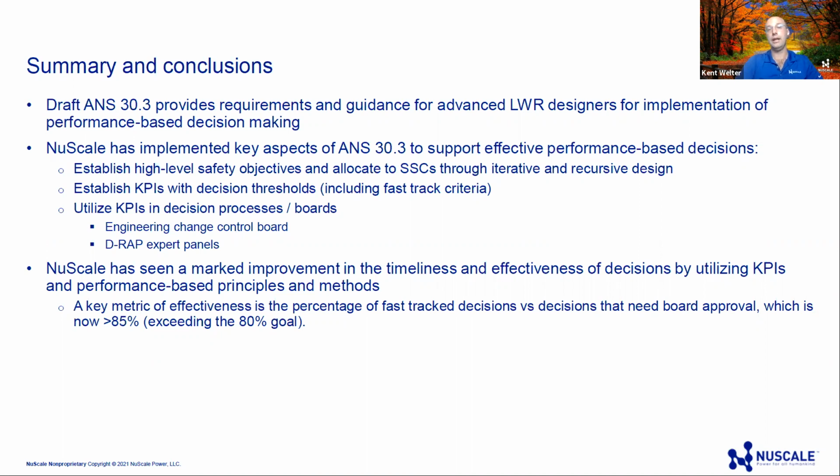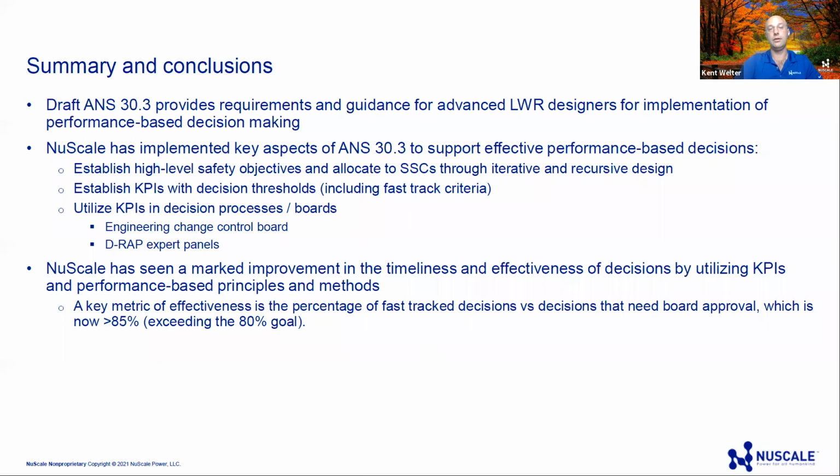And we utilize those KPIs in our various decision processes and our boards for reactor design, the key ones being engineering change control and our DRAP expert panel. And we've seen a marked improvement in the timeliness and effectiveness of decisions utilizing these performance-based techniques, specifically KPIs.